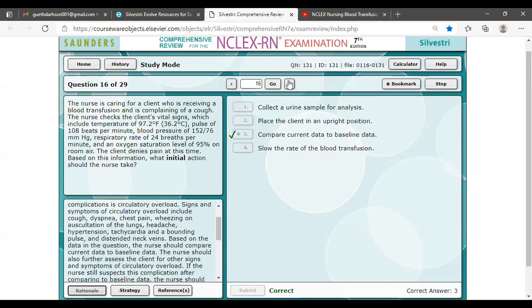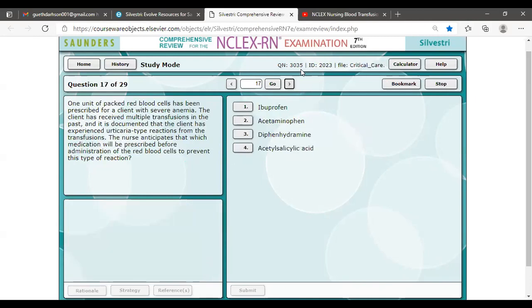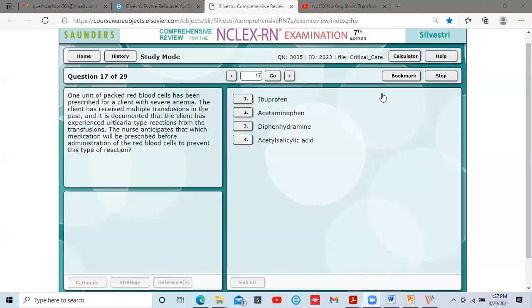What is the next question? One unit of packed red blood cells has been prescribed for a client with severe anemia.